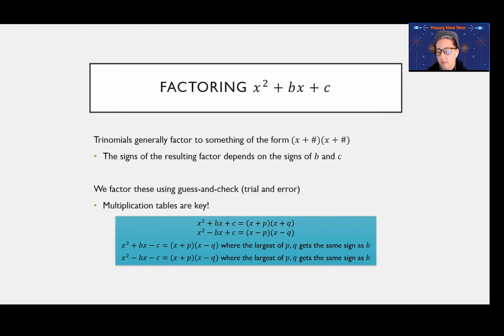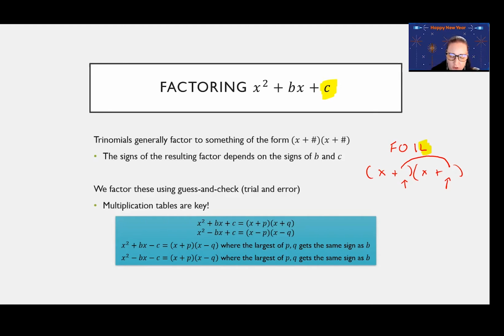And we generally do this by guess and check, because if you think about the FOIL process, we usually had an x plus something, x plus something. You multiply these 2 missing numbers there, and that was your L in FOIL. That was the last part in FOIL, and that always gave you that constant part when you were multiplying it out.